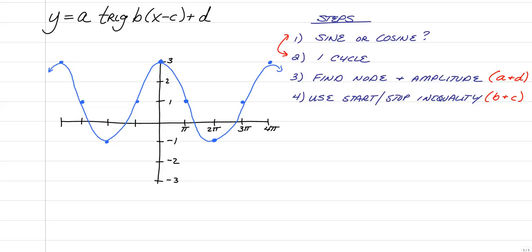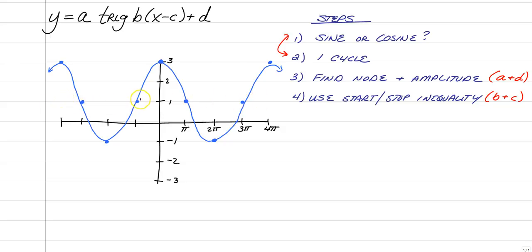The first thing I am going to suggest that you do, like I said, is either create a cycle or choose a trig function. I am going to start with a sine. So sine starts on the node line, and we can see that this is our node.